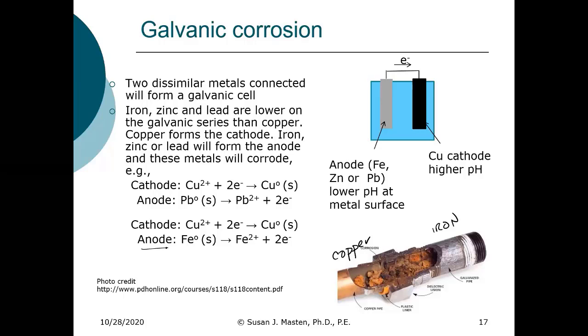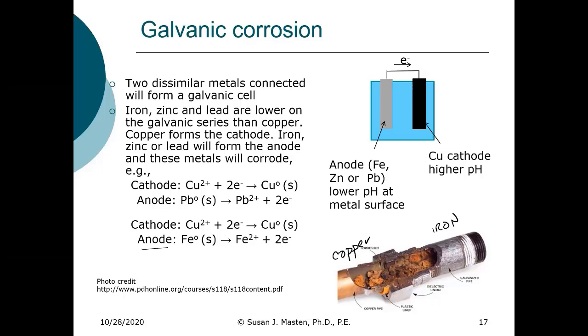So copper 2+ is reduced to copper 0, it's essentially plated out, and the iron is oxidized to form this rust.